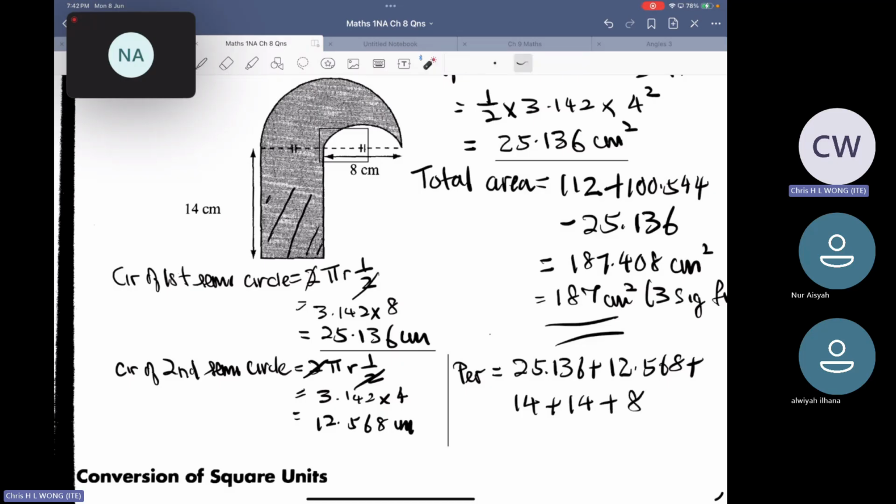Because you have 14 here, 1, 2, 14 plus 8. Okay? So this plus the 2 semicircles. Your answer, please. 81.704 cm. Three significant figure, 81.7 cm, bracket, three significant figure.